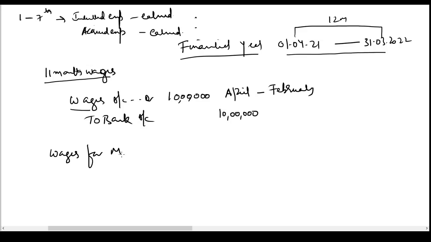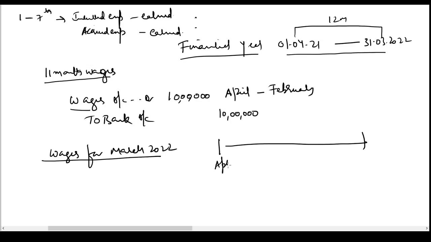Wages for March 22. My accounting period starts from April 21 and ends in March 22. So what about the wages for this one-month period? This will be paid on 10th of April next year, 10th of April 22.